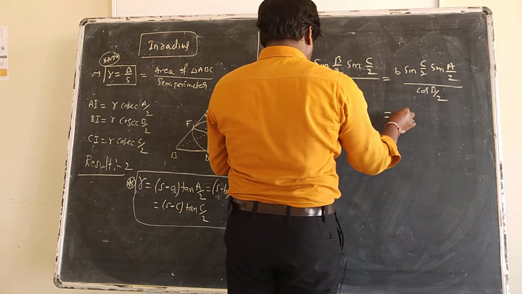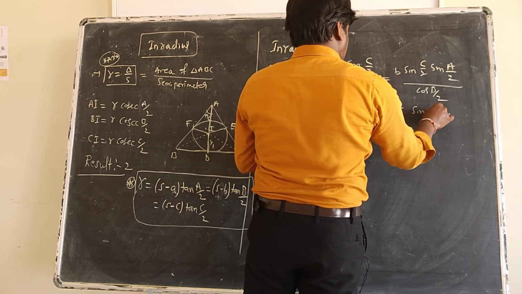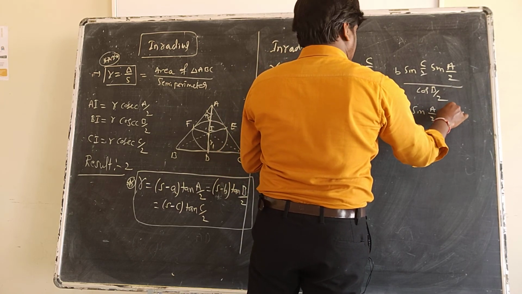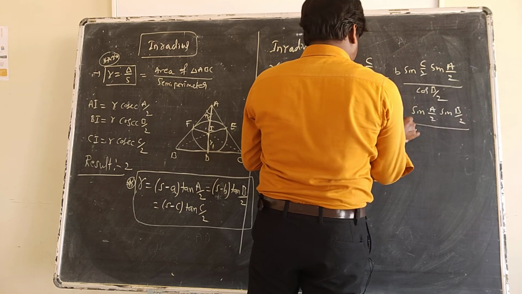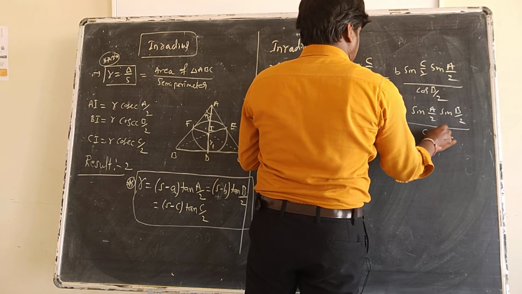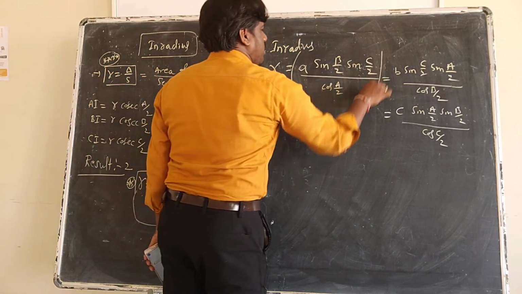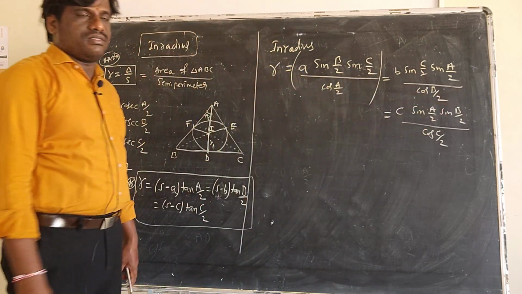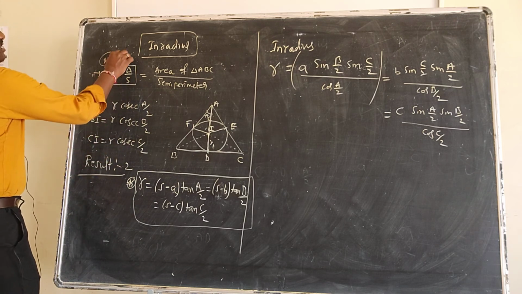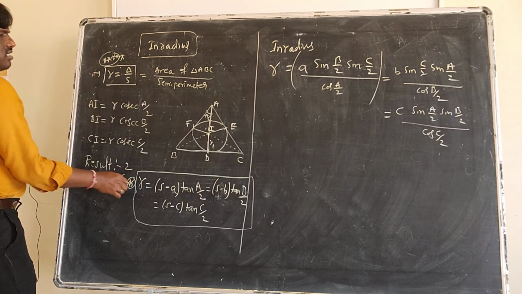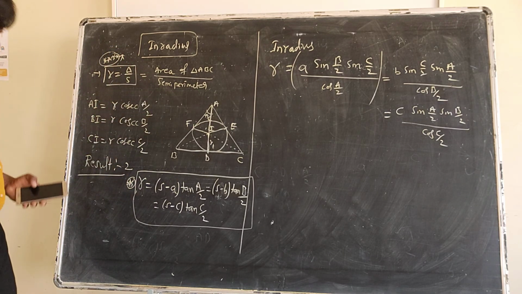You can also write c into sin A by 2 into sin B by 2 divided by cos C by 2. You can use any of these 3 formulas. All are separate formulas. But the most used is this one, next is this. That one is a rarely used formula.